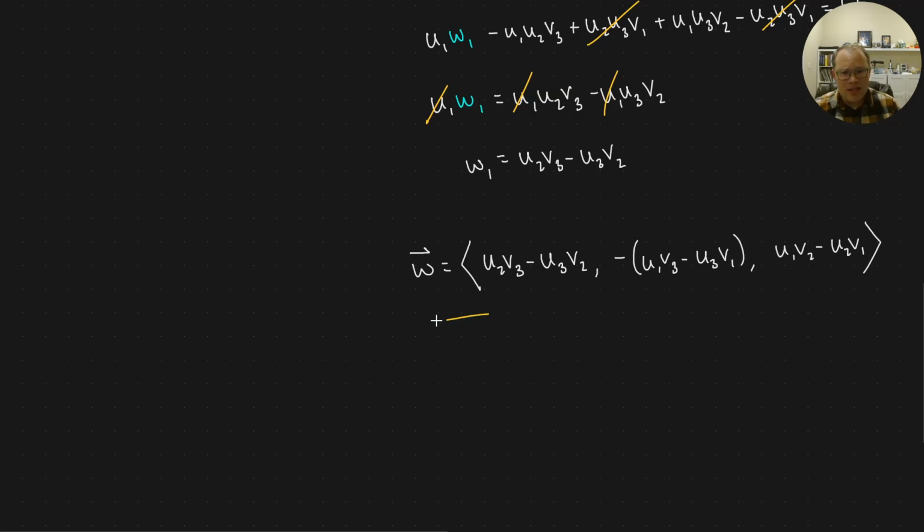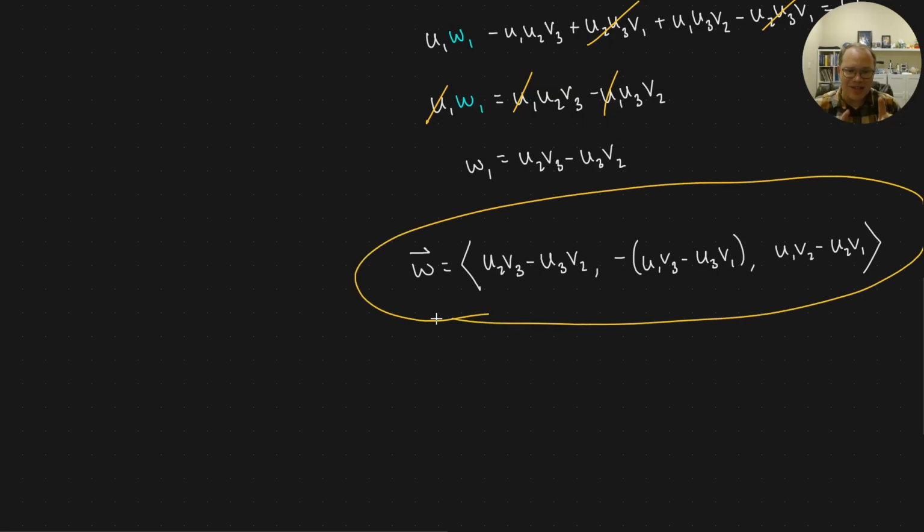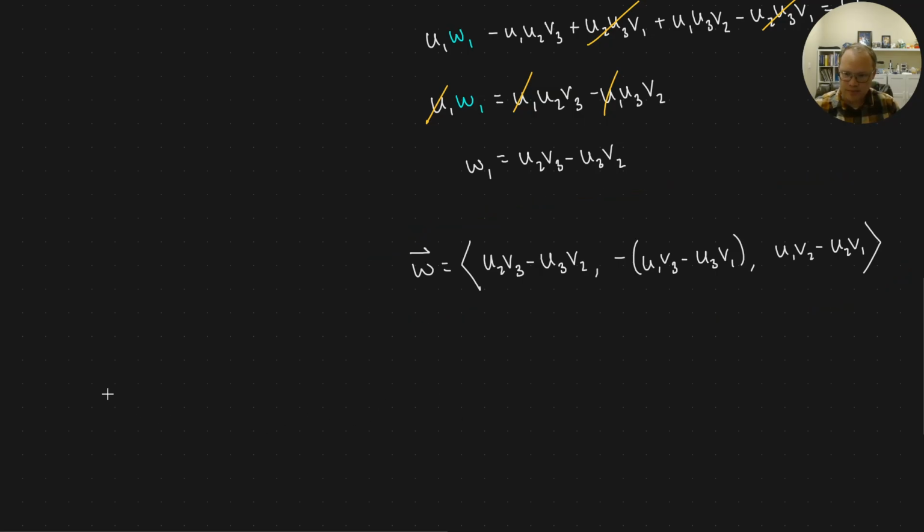Okay, this is what we are going to define as the cross product of vectors U and V. So let U and V be vectors in R3. Again, this cross product only is properly defined for three-dimensional vectors.